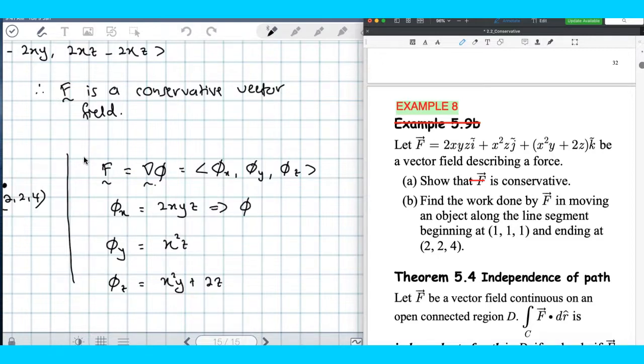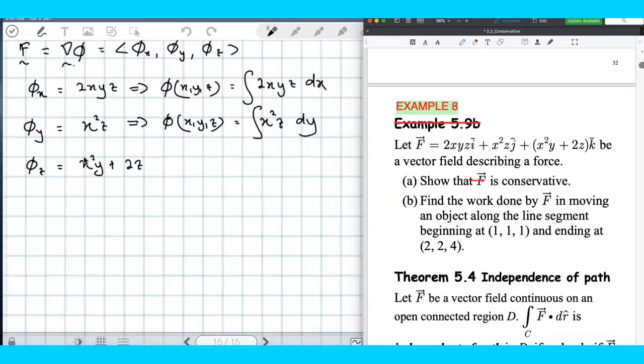So you integrate 2xyz dx, integrate x squared z with respect to y, and phi of (x, y, z) is the integral of x squared y plus 2z dz.